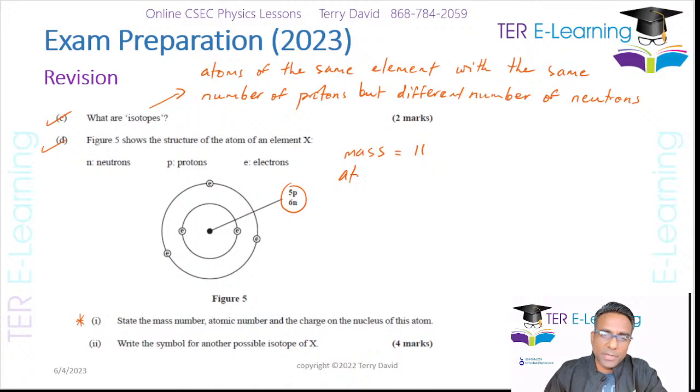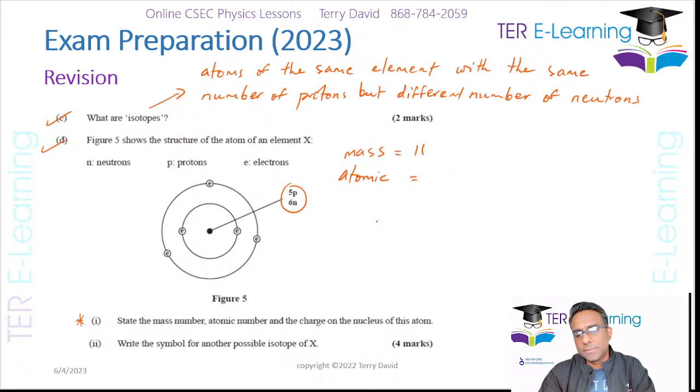What is the atomic number now? So people are saying the atomic number is 5.